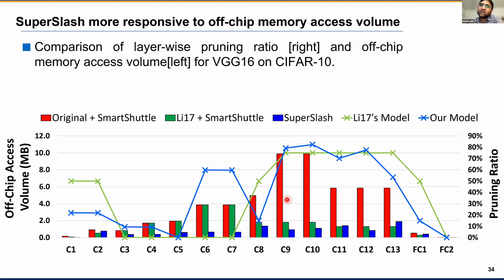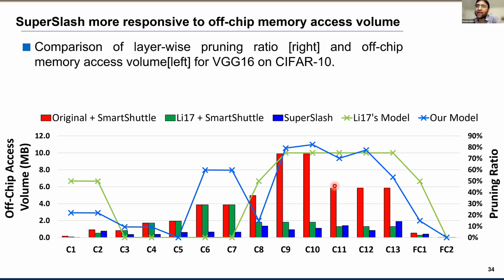And what you can see is that if you consider the convolutional layers 9, 10, 11, 12, and 13, the model pruned by Lee is equally pruning all these layers. On the contrary, the SuperSlash methodology is basically pruning layers 9 and 10 more as compared to convolutional layers 11, 12, and 13.